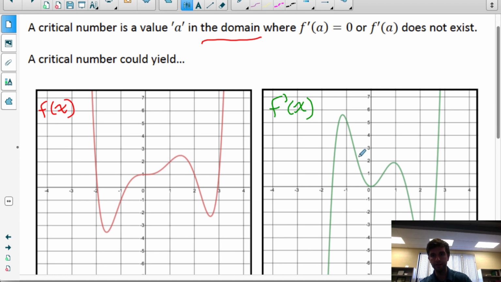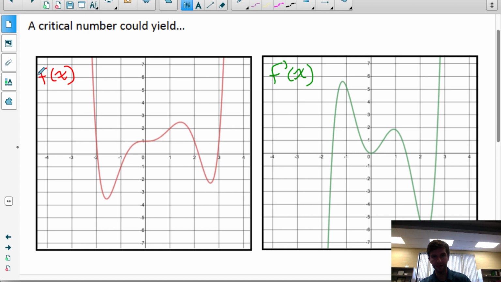So let's look. Here's a function f of x, and here's the graph of its derivative f prime of x. Well, where's f prime of x 0? It's 0 here, it's 0 here, it's 0 here, it's 0 here. Now, if I look at the original graph, at those corresponding x values, what will I find? So let's notice.